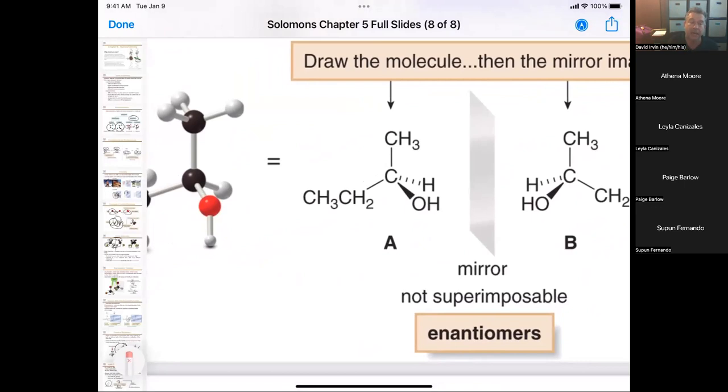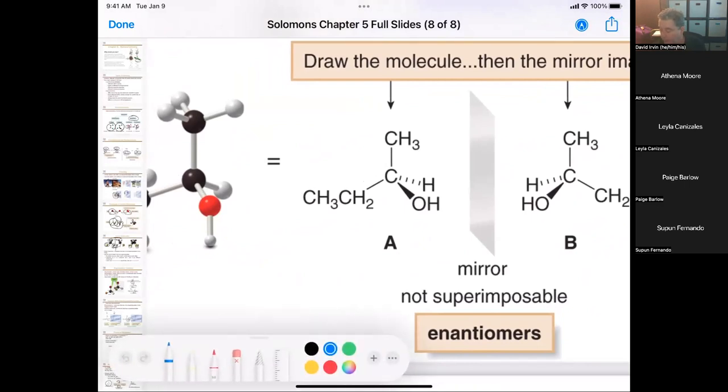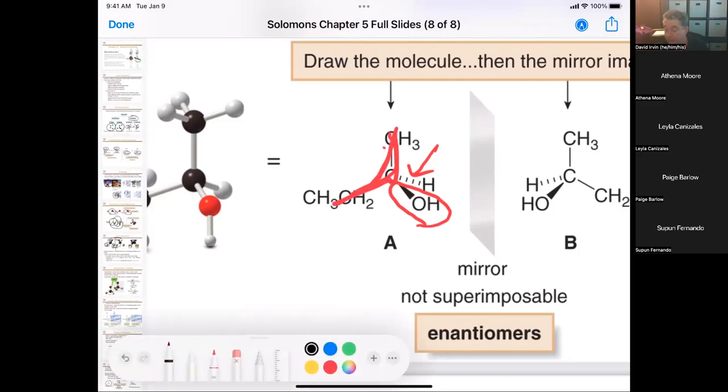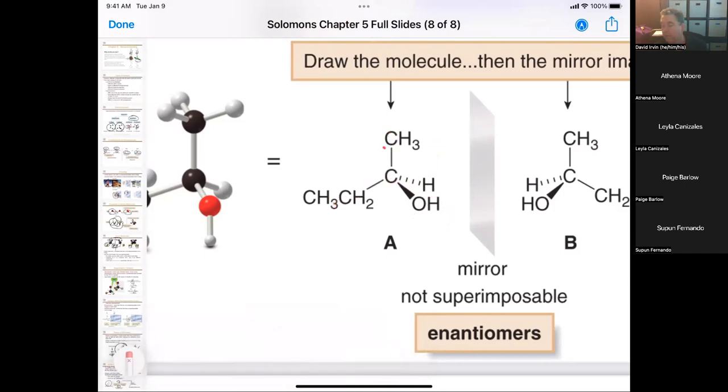You have to know what's facing out and what's facing back. It's best to do it where you only have one solid wedge and one dashed wedge and the other three atoms in the same plane. So these three atoms are all in the same plane. That makes it easier because then you don't have to draw 5 different kinds of wedges. You only have to draw the solid wedge and the dashed wedge.